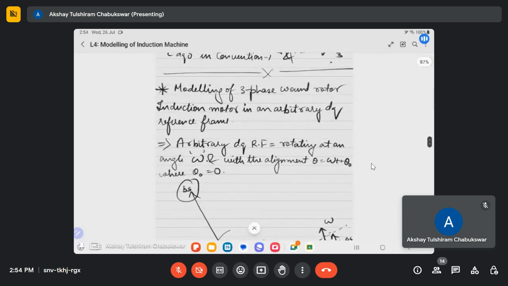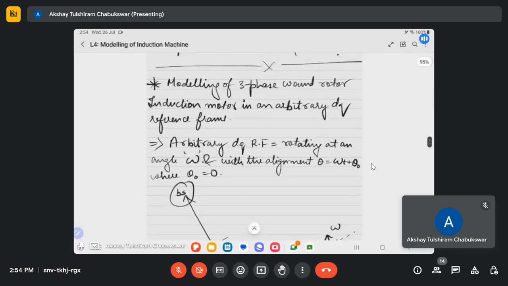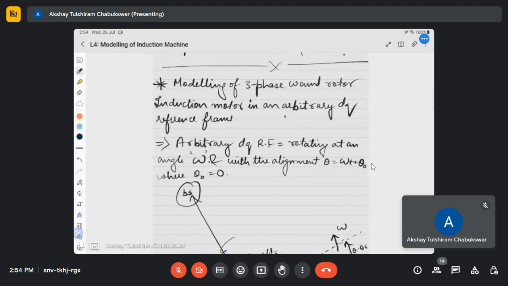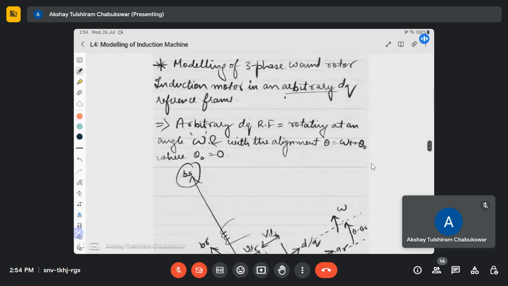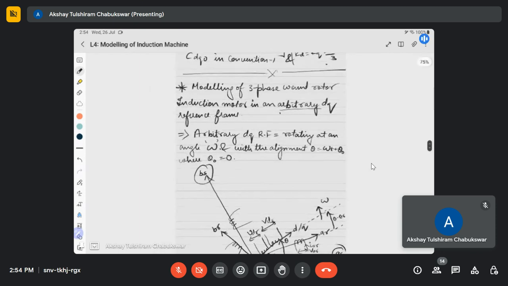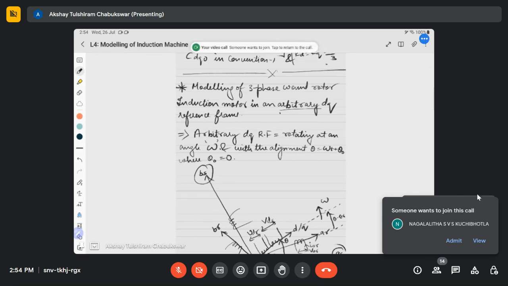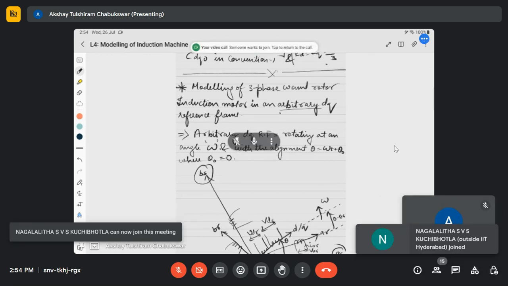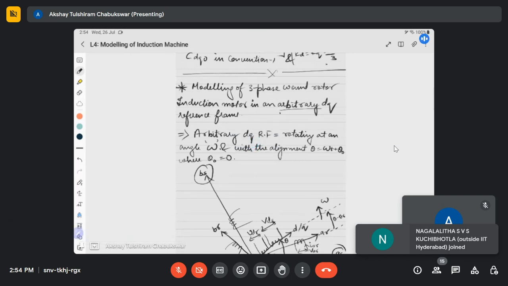So today we will start with modeling of a three-phase wound rotor or slip ring induction motor in any arbitrary rotating DQ reference frame. As I said, arbitrary means a reference frame that is rotating with some arbitrary angle or with some arbitrary speed omega.